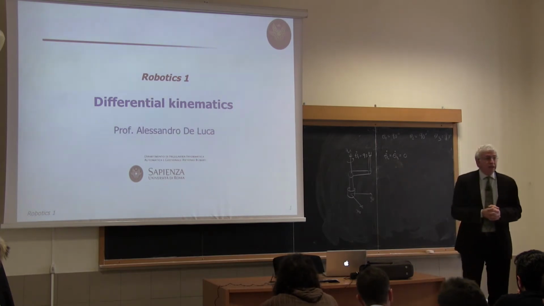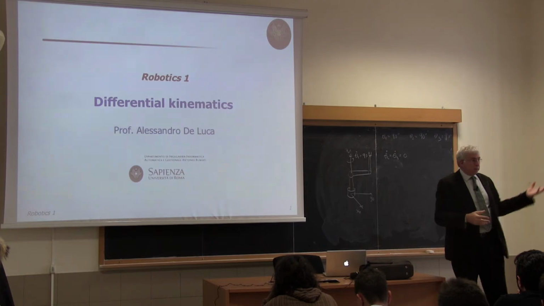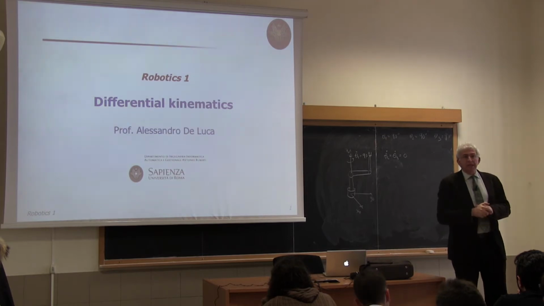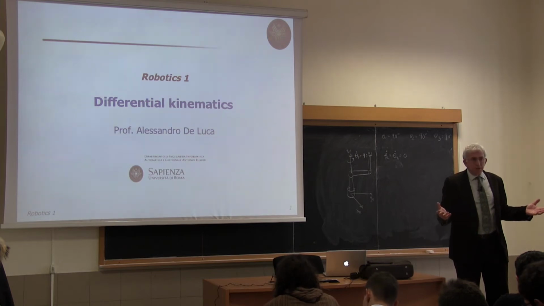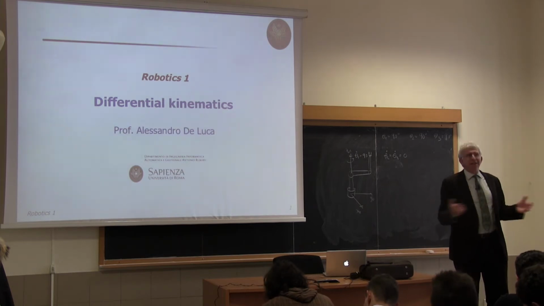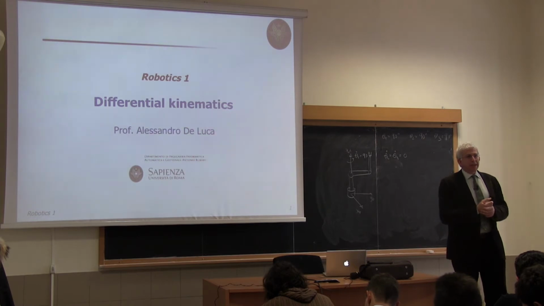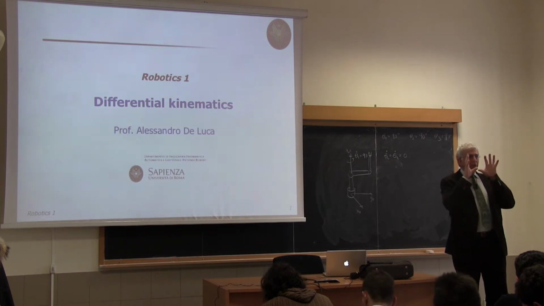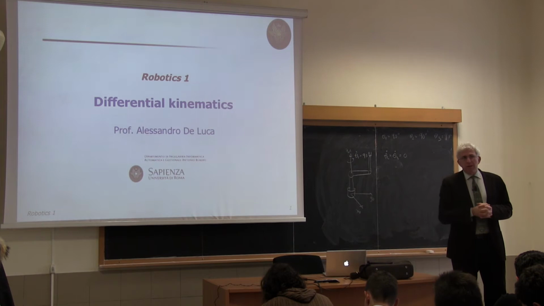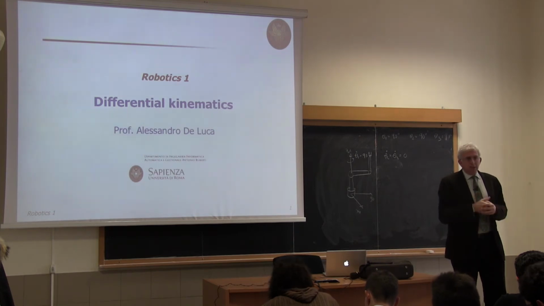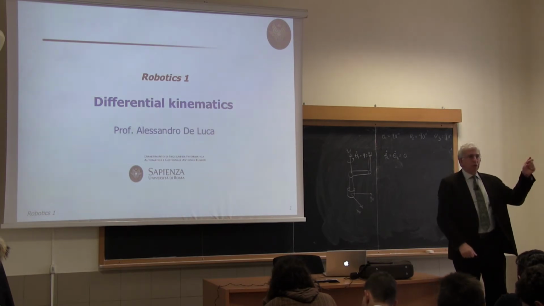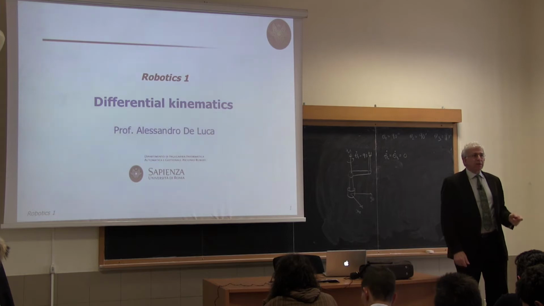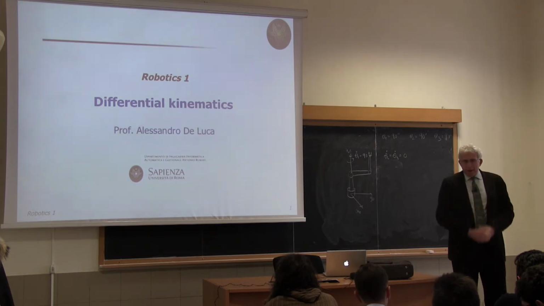So, first consideration: this mapping between even the simplest velocity in the joint space and the velocity at the end effector depends on the configuration. So it's actually a nonlinear dependence. But if we freeze this relationship at the initial instant of time, so we say, okay, we are in this configuration, I give a velocity at the joints, I have a linear velocity, this is a linear mapping.